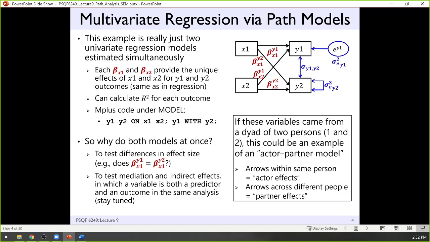So if I had, say, two people in a relationship and I have person one and person two, in this type of picture, the paths going from x1 to y1 would be the actor effects, like my x on my y and your x on your y, and then the cross paths in the middle are what's known as partner effects, my x on your y and your x on my y. So dyadic data can be fit with path models quite readily. And this is what the code would look like.